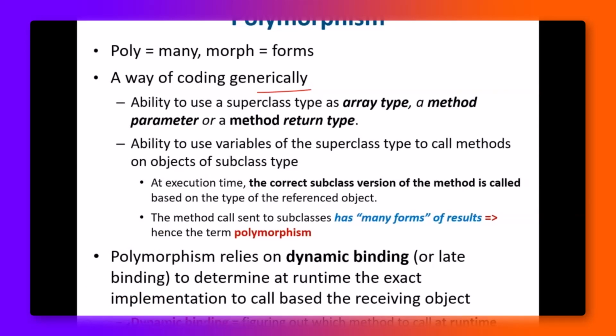The ability to use a superclass as array type, a method parameter, and method return type. What does that mean? We'll be using arrays or array lists of superclasses. However, inside the array, we can put any instance of the superclass or any instance of the subclasses of that superclass.